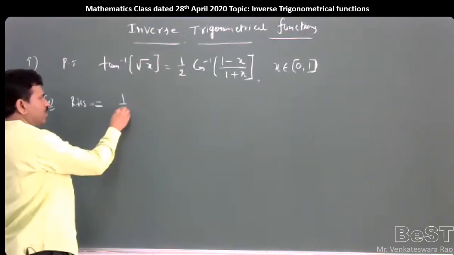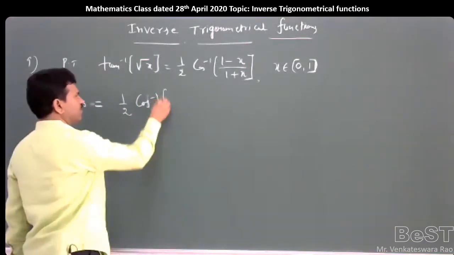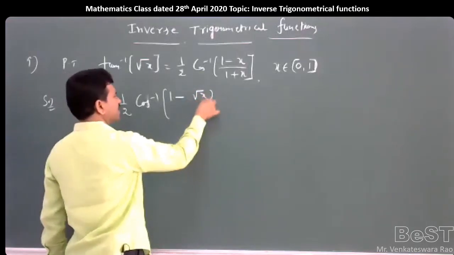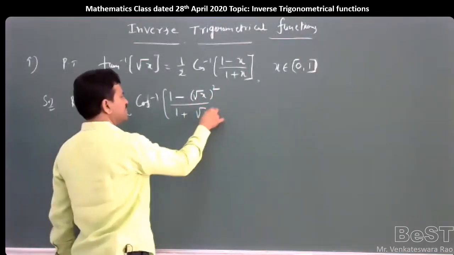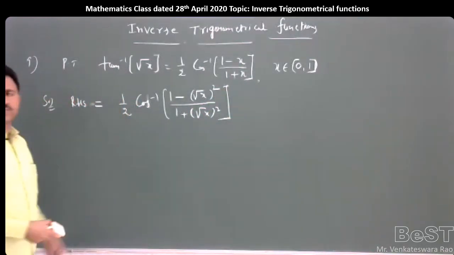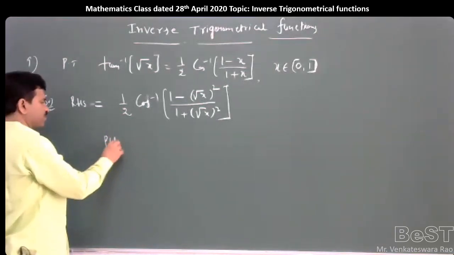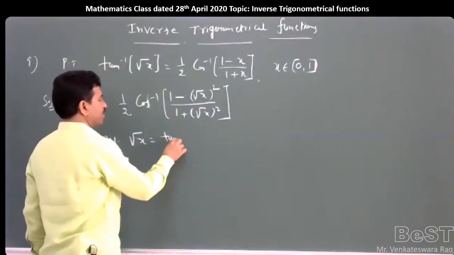That is 1 by 2 cos inverse of 1 minus, write the x as root x whole square, by 1 plus x as root x whole square. Put root x is equal to tan theta.